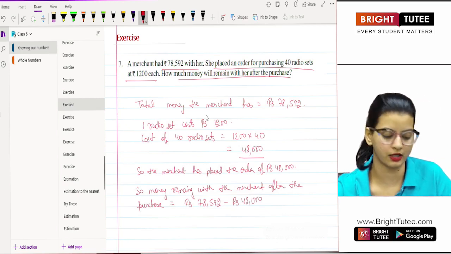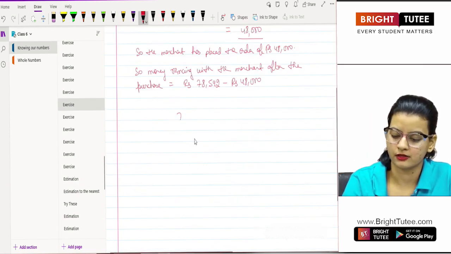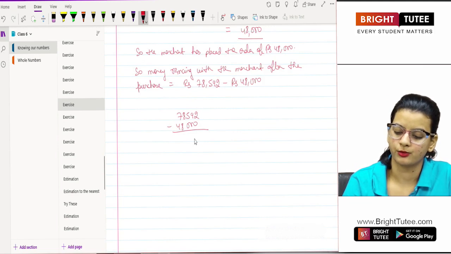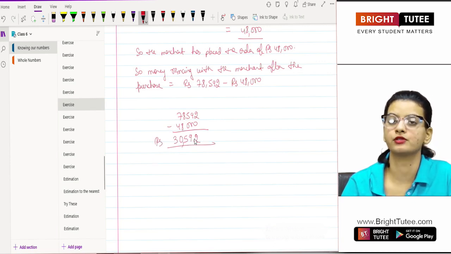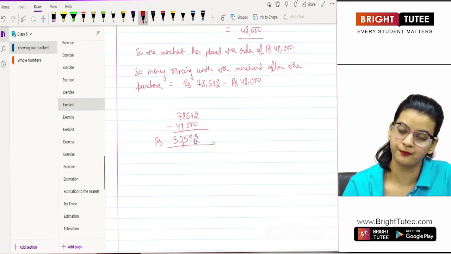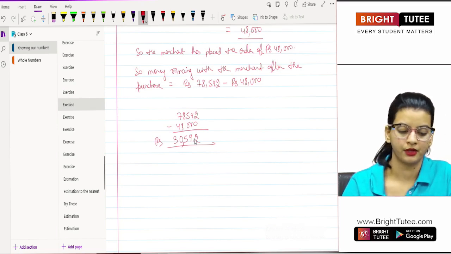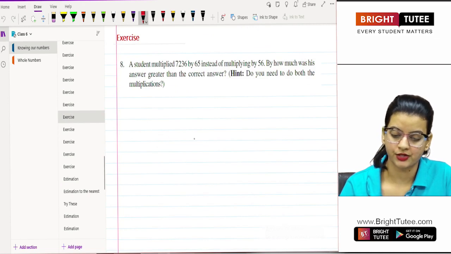Let us calculate this. 2 minus 0 is 2, 9 minus 0 is 9, 5 minus 0 is 5, 8 minus 8 is 0, and 7 minus 4 is 3. So rupees 30,592 will be remaining with her. Let's continue with the next question.